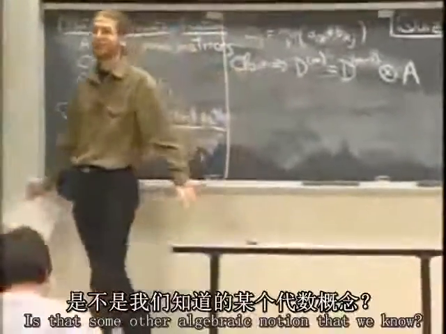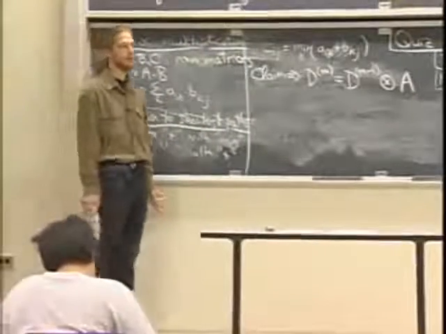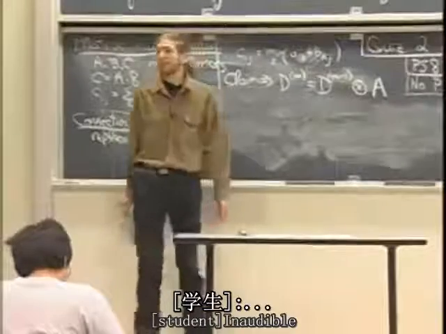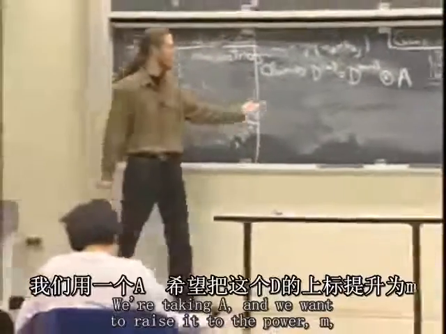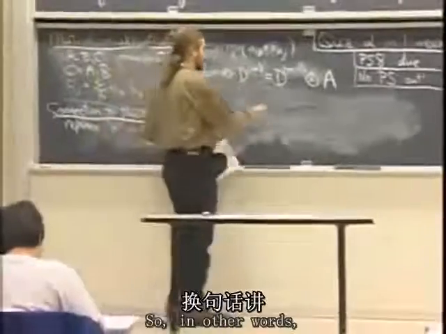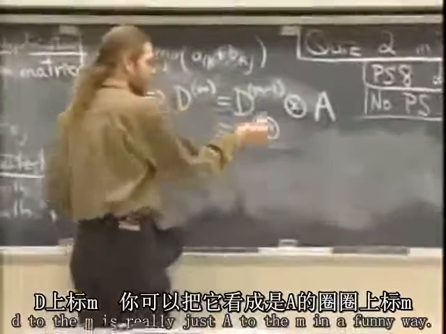Is that some other algebraic notion that we know? Yeah, it's the exponent. We're taking A, and we want to raise it to the power m with this funny notion of product. So in other words, d to the m is really just A to the m in a funny way. So I'll circle it.